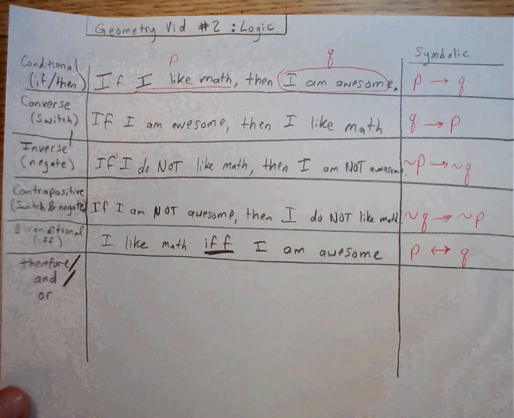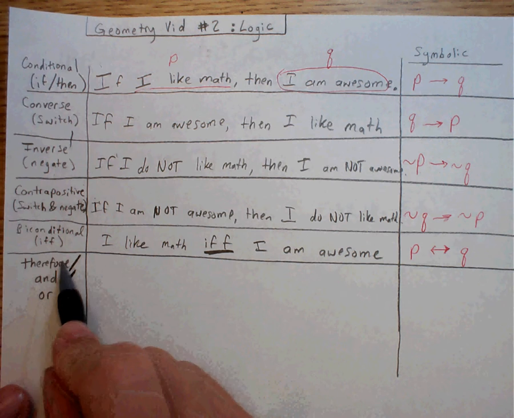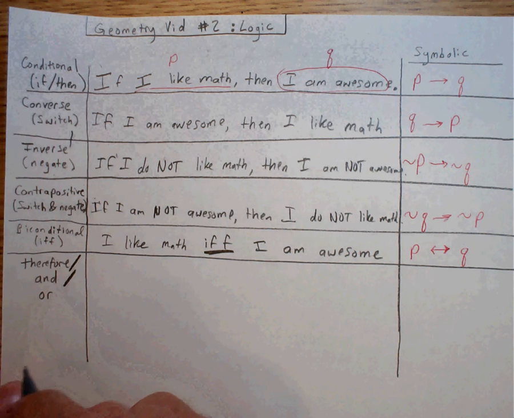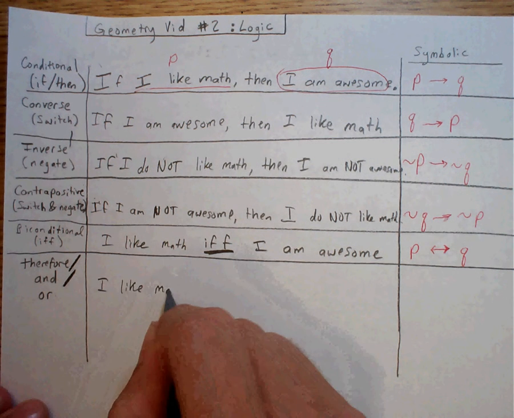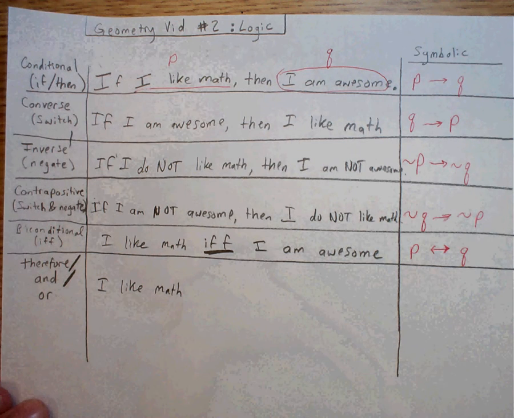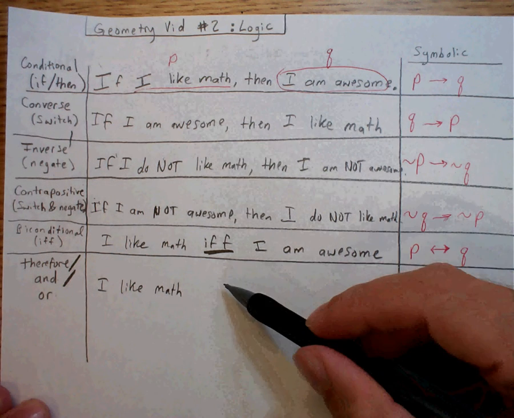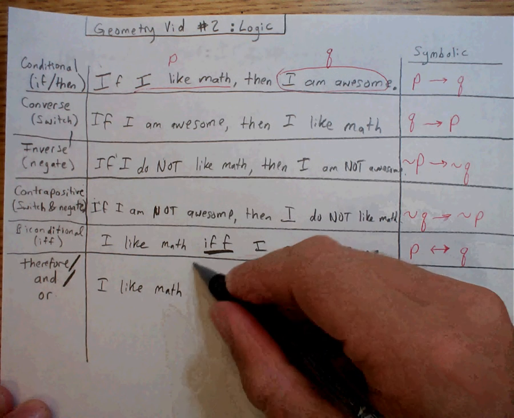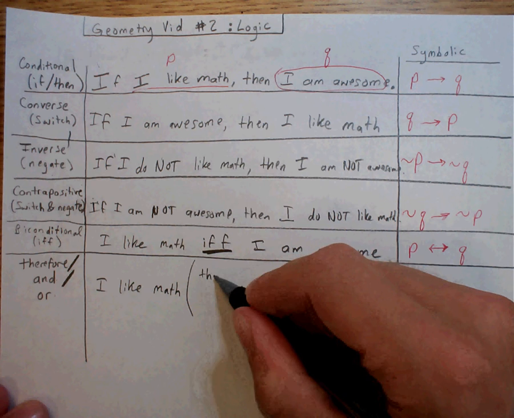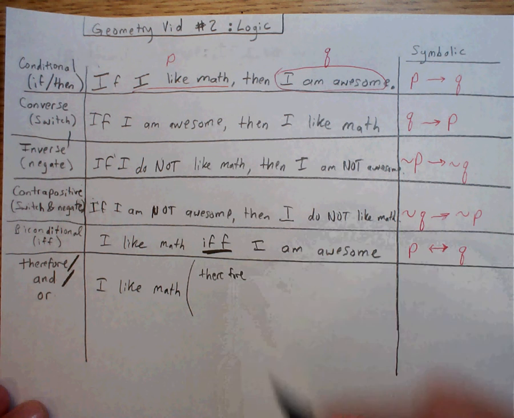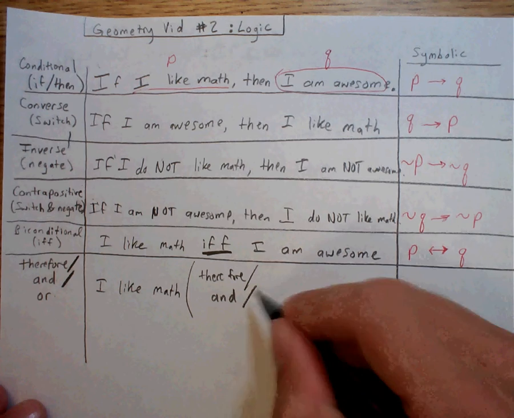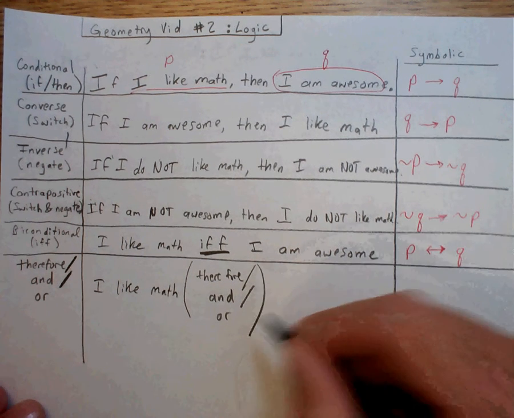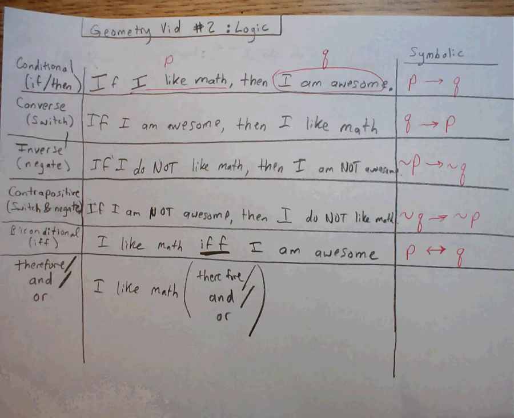And then lastly, this is just some practice for some three buzzwords that we have some symbols for. I like math. And then we don't do if and only if. We can either plug in therefore, or and, or I am awesome.